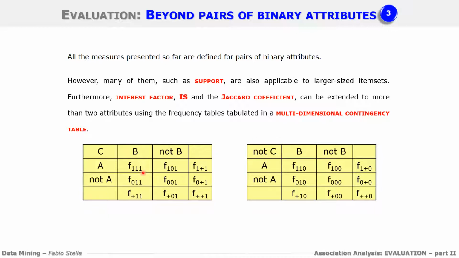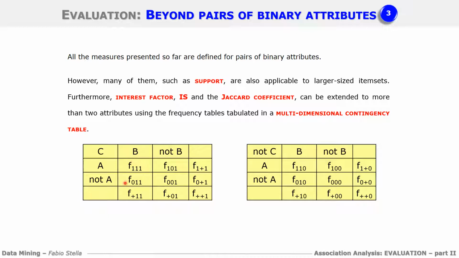The meaning of the elements of these two contingency tables can be described briefly as follows. Here we have F111, which stands for the number of counts of elements in the transaction database where the item A is present with item B and also with item C. The same meaning can be associated to all other elements of the two contingency tables.